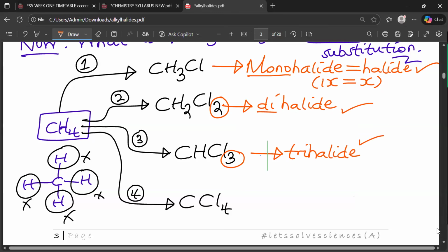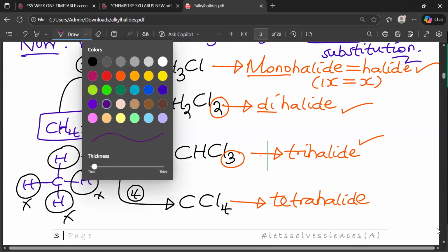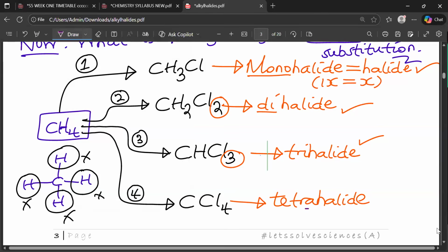When four of them have done the replacements, this is what they call a tetrahalide. Yes. Tetrahalide. Tetra for four, tri for three, di for two, like that.